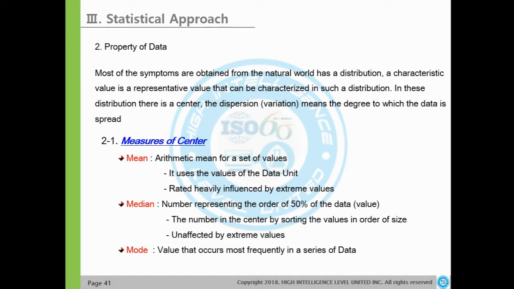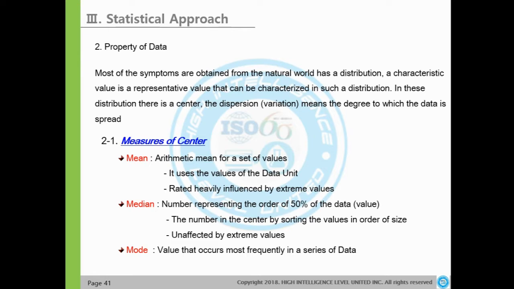So in that case, we use the median. The median is the number representing the 50% point of the data. When you line up the data, when you sort it, the middle of the data we call the median.